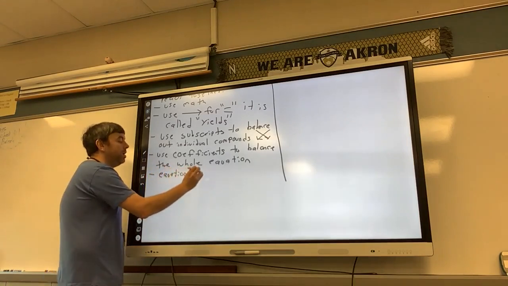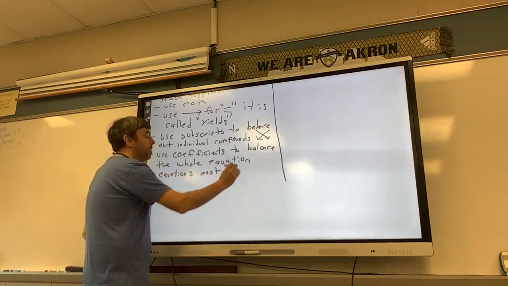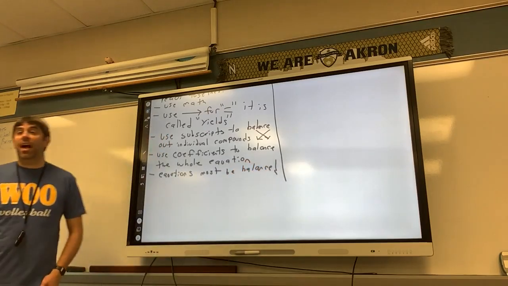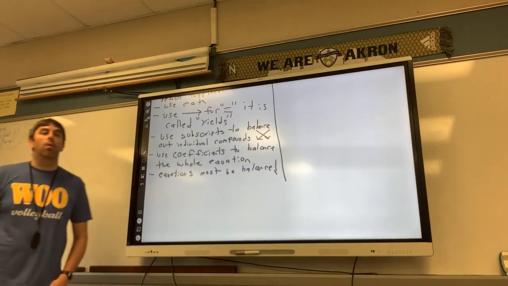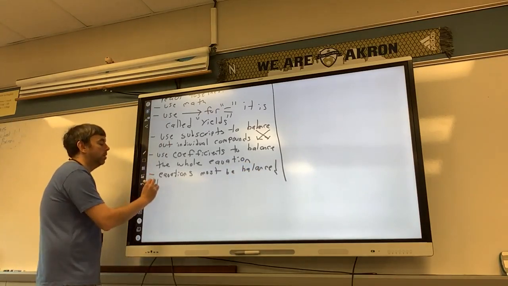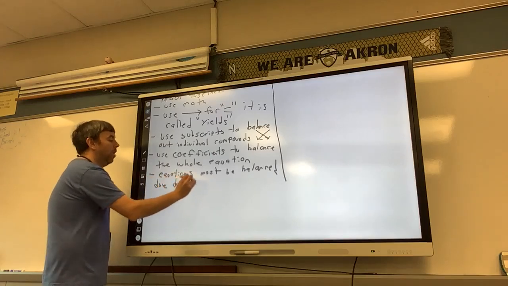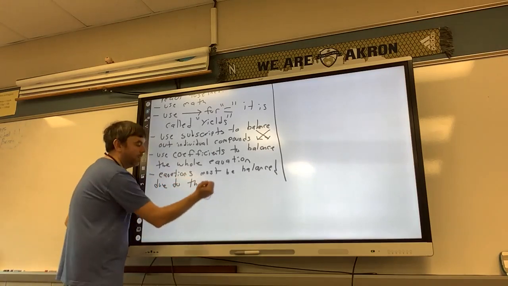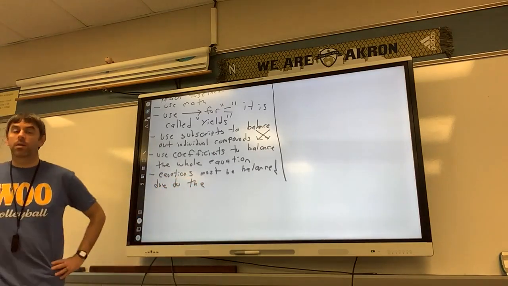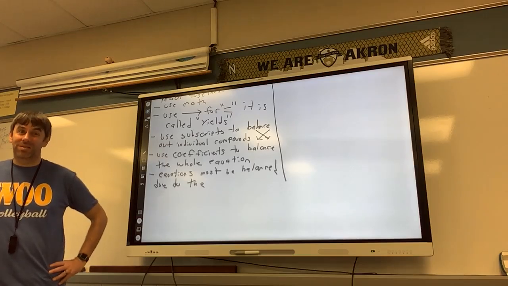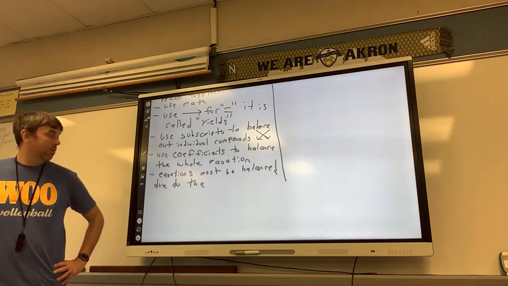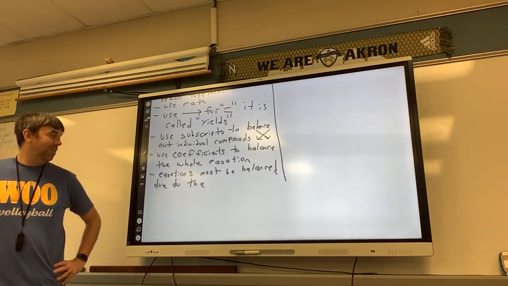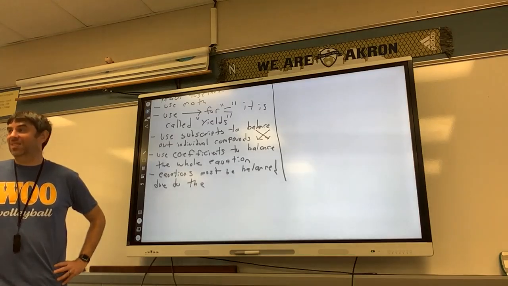Equations must be balanced because why? If I start out with 8 atoms on one side, I have to end up with 8 atoms on the other side. Why? Due to what? There's a law we have to follow. Due looks like a D. D-U-E T-O.